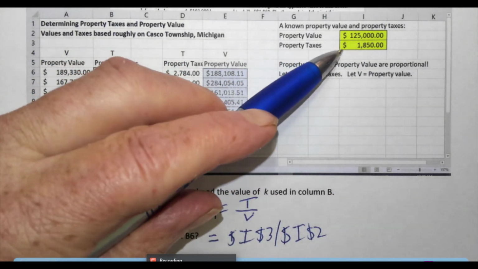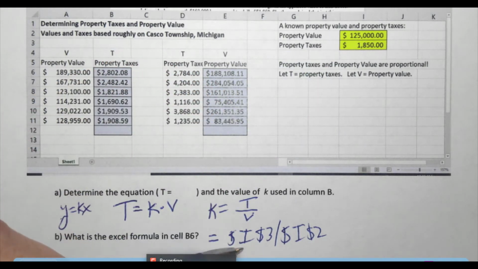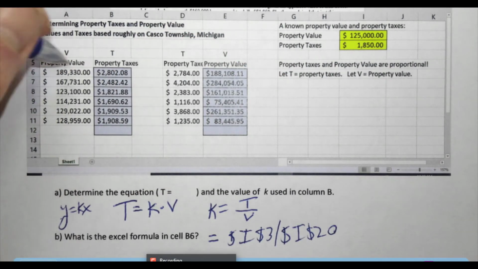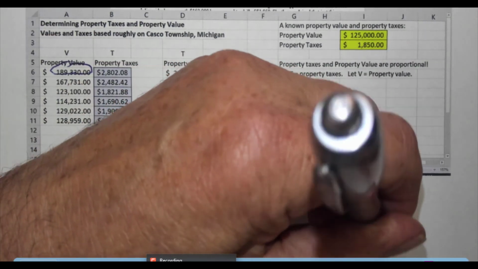There's k, taxes divided by value, times this cell here, which is A6.